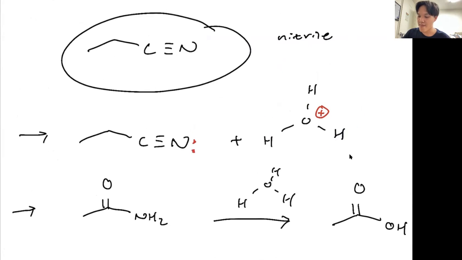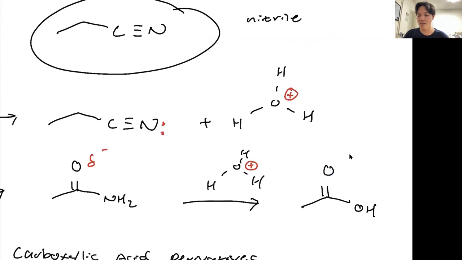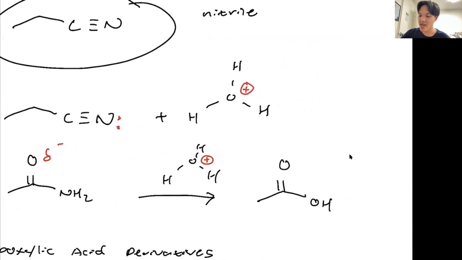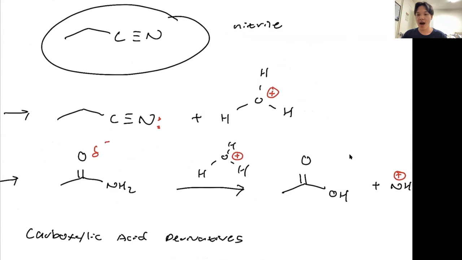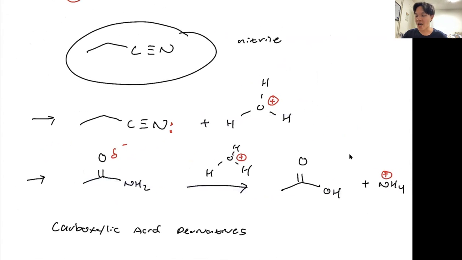And then in this step, here we have a delta negative, and here we have an acid. So you can sort of see where that's going to happen. And then we're going to turn this into a carboxylic acid, and this might help you even further, we get an NH4 ammonium ion at the end. Okay, so I suggest you do that at home. I will post the mechanism onto the Discord if I have time.